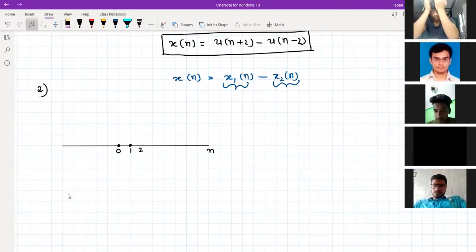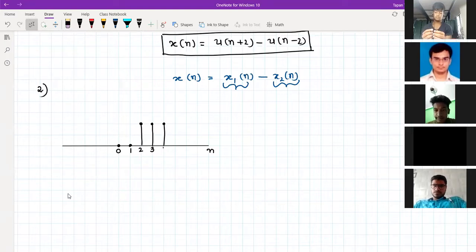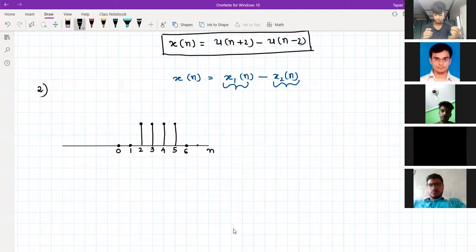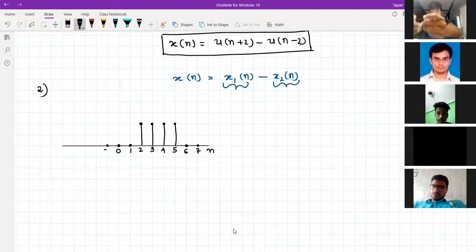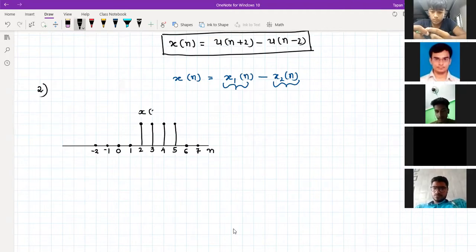From 2 you get 1, 3, 4, 5. From 6 onwards, you once again get 0 and 0. Minus 1, minus 2. This is x of n.